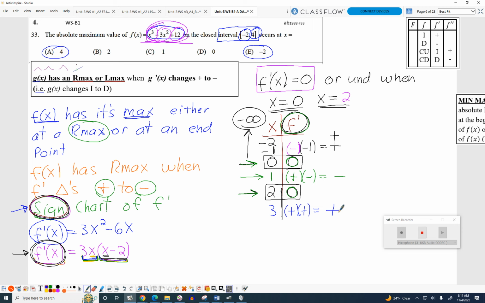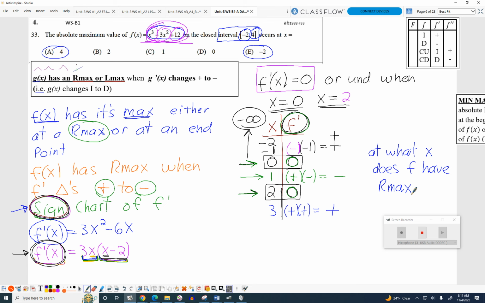Okay, raise your hand and answer this question for me. At what x does f have a relative max?